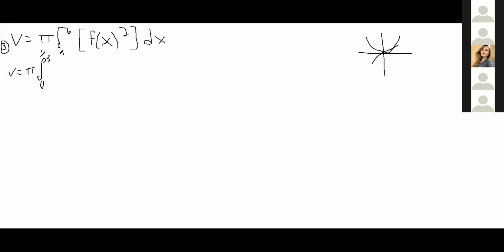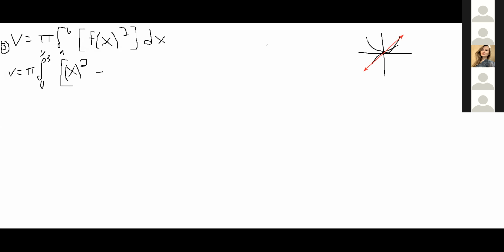So you're solving for the area in between those two, and since it's top minus bottom, if you have two functions, it's just f of x squared minus g of x squared, and f of x being the function on top. So then it would be x squared minus g of x, which would be your second function.